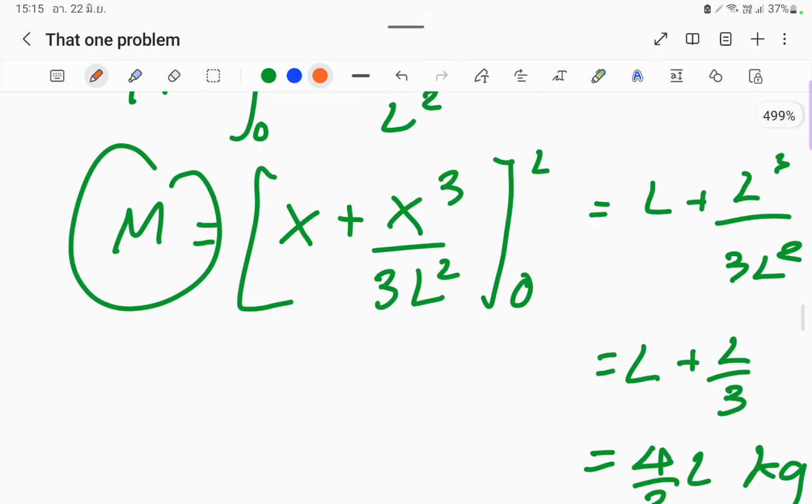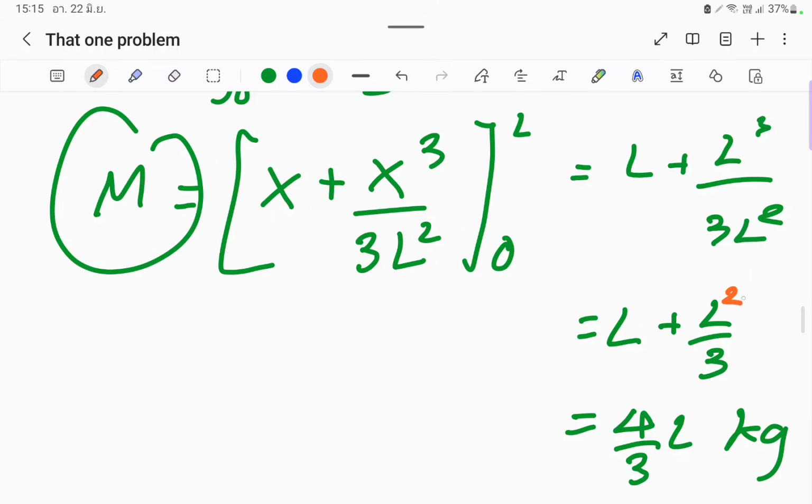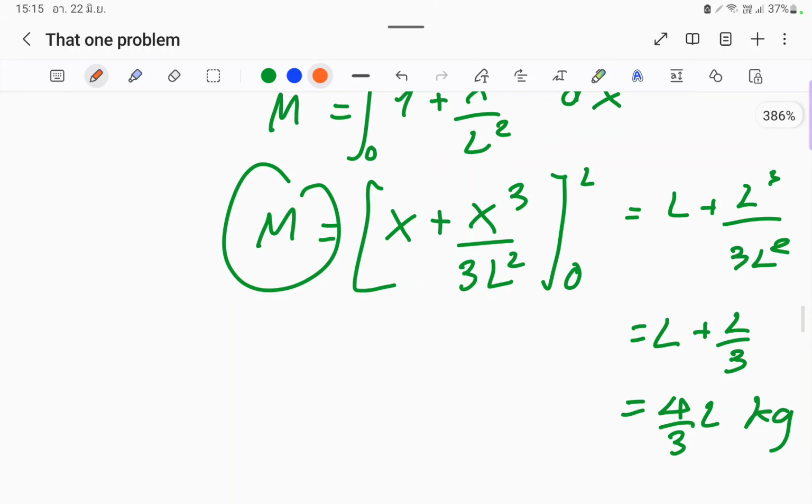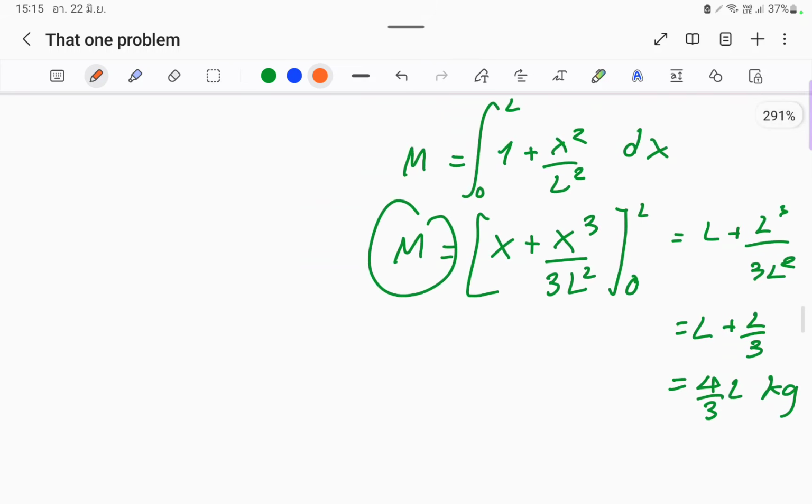Because if you write something like L plus L squared, you must be concerned to some extent, because you can't add two things with different units. So you might be right, you might be wrong. It depends on what you did up here and what the units have been going.